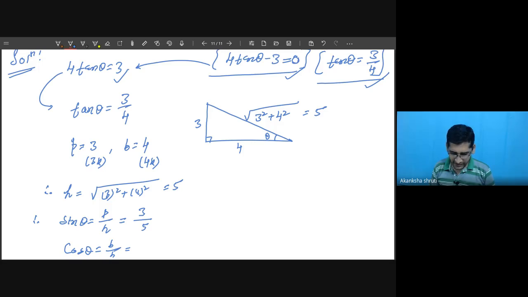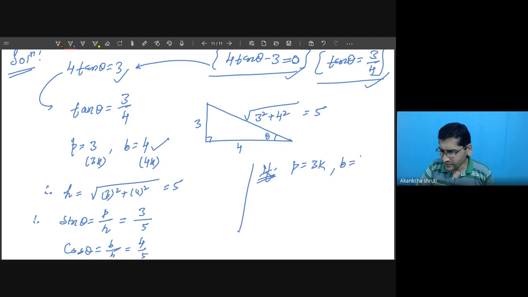The B which is given here is 4. The H is even 5. Student, last day we have done that if we are taking this P as 3k and B as 4k, still we will get the same H. Then H square or H is given by 3k square plus 4k square.